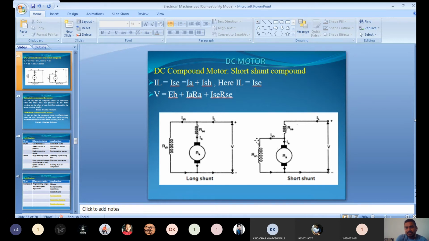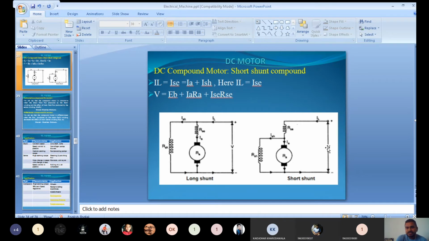Some part of current is going to the shunt field winding and some part of current is going to the armature winding. So what is the current equation? IL is equal to ISC is equal to IA plus ISH. This is the current equation, because the line current and series field current are both the same.